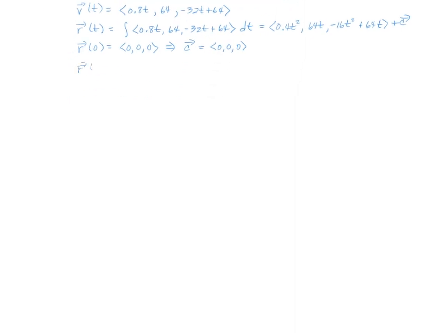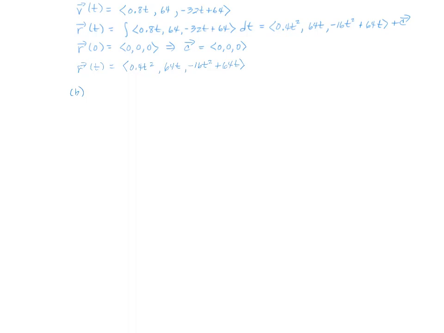So my position function is simply the vector 0.4t squared, comma 64t, comma negative 16t squared plus 64t. That's part A.